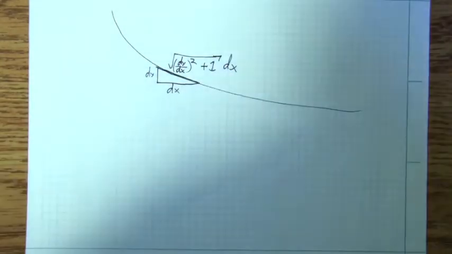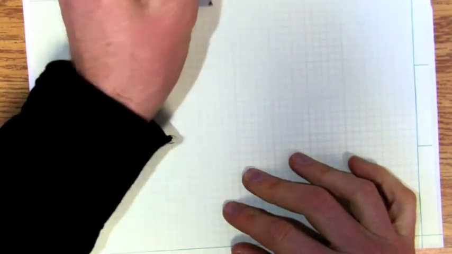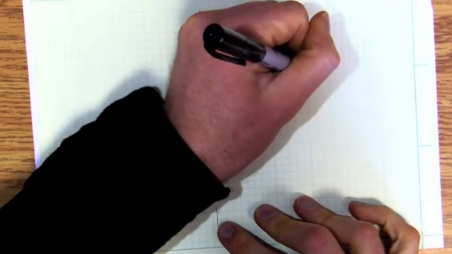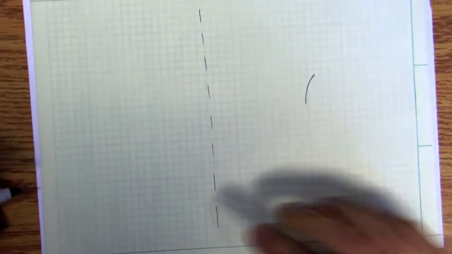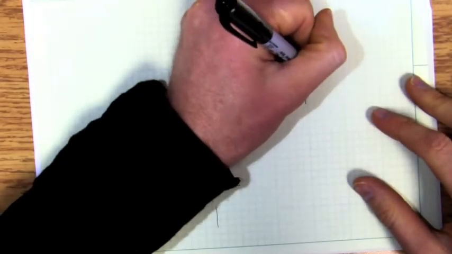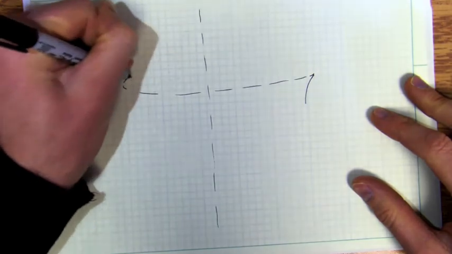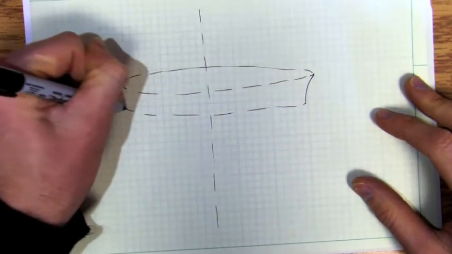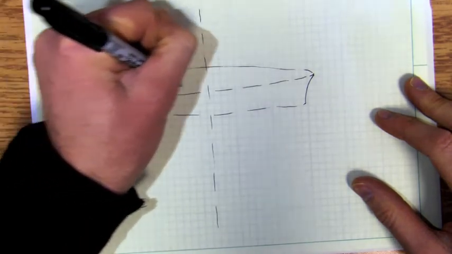This is going to be a little bit difficult for me to draw. I'm going to have my axis of rotation like that, and my little piece of curve right there, and then this is going to make an ellipse.